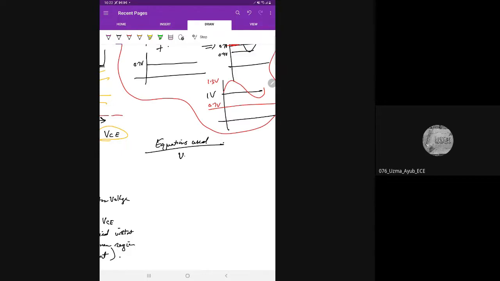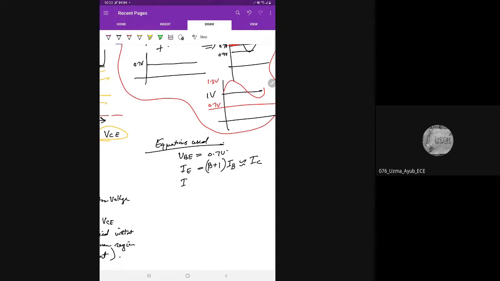So equations used, इसमें अहम इक्वेशन कौन कौन सी यूज होगी? Equations used: one is VBE will always be equal to 0.7 volt. In our DC biasing analysis, we will always use VBE equal to 0.7 volts. Then IE equal to beta plus 1 into IB, which is nearly equal to IC.